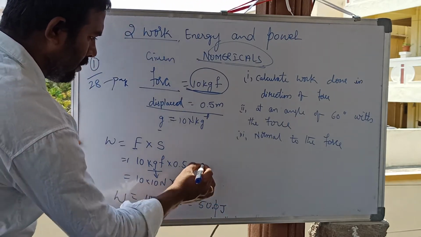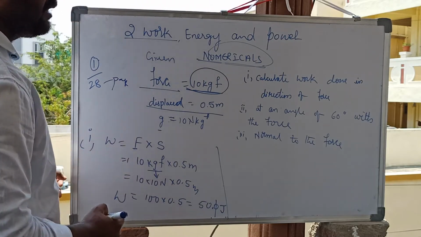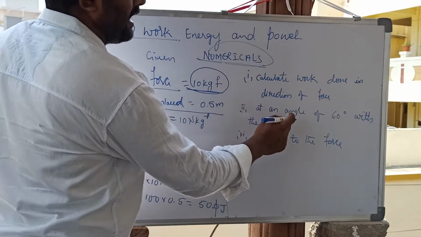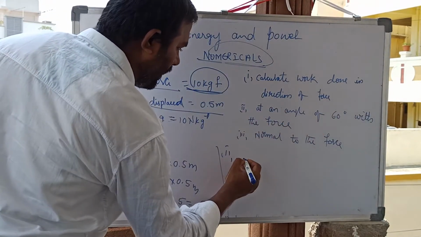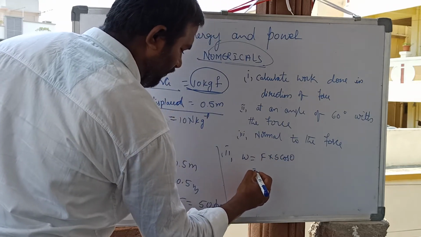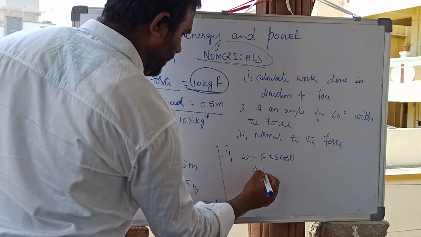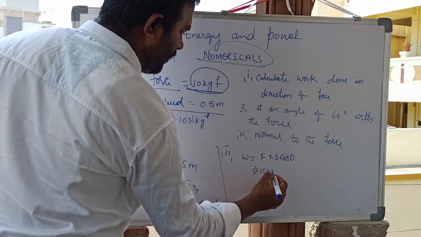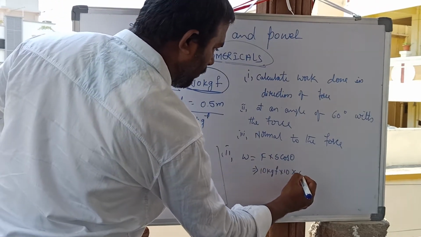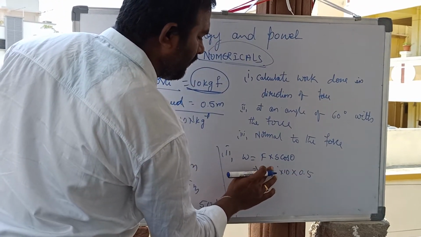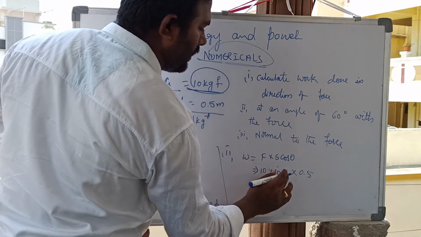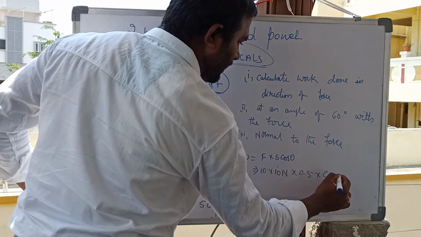Work done in the direction of the force is 50 joules. The second one they are asking is at an angle of 60 degrees with the force. We have W is equal to F S cos theta. F is 10 kg force, which we change to 10 newtons, S is the distance 0.5, cos 60 degrees.